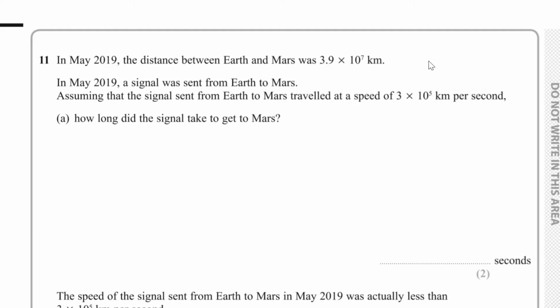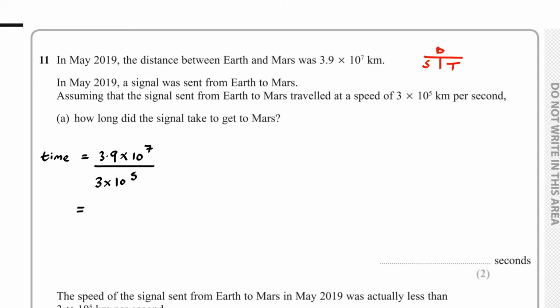Of course, speed is equal to distance divided by time. We're working out the time, so the time, that's equal to the distance, 3.9 times 10 to the 7, divided by the speed, which is 3 times by 10 to the 5.